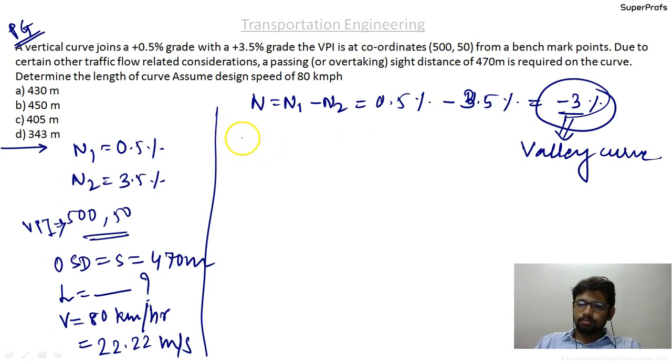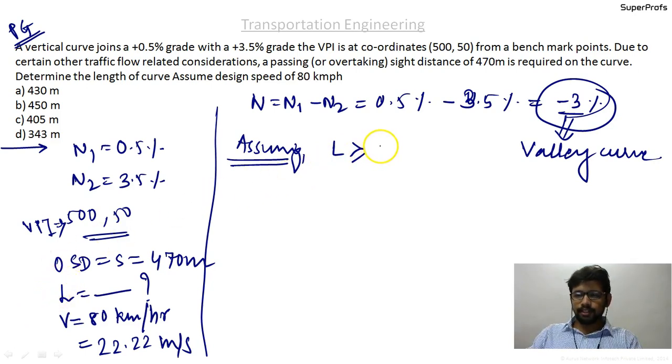Let us now assume that the length of the curve is greater than the sight distance.